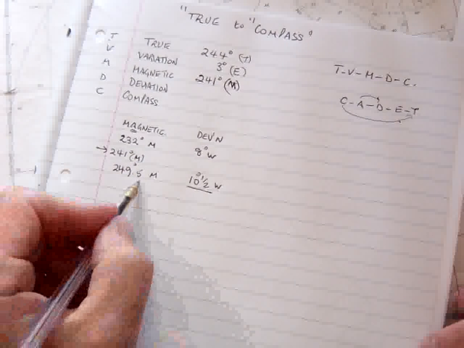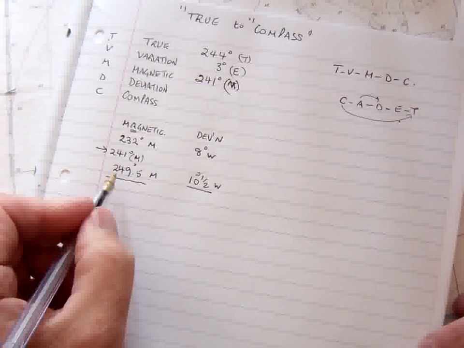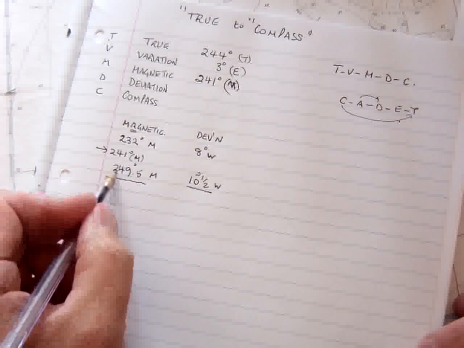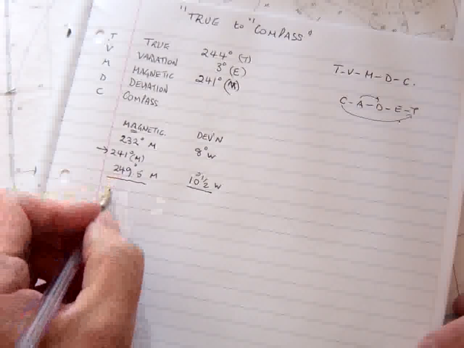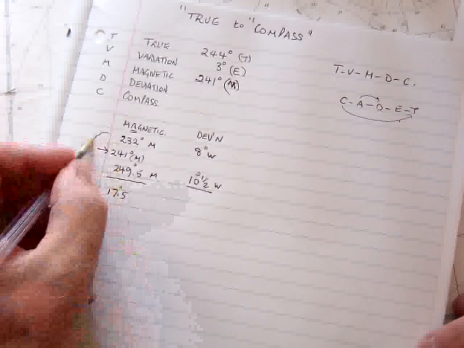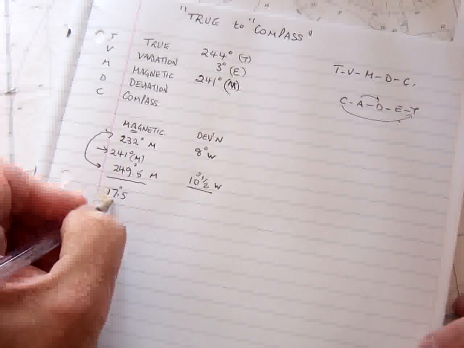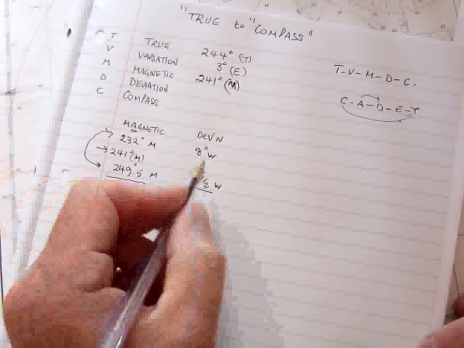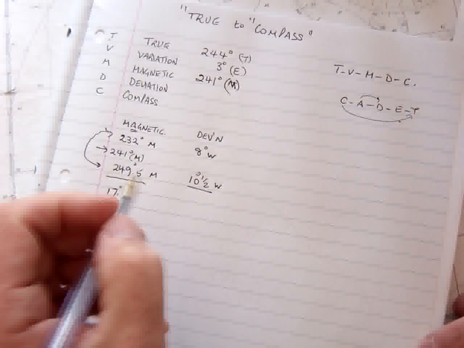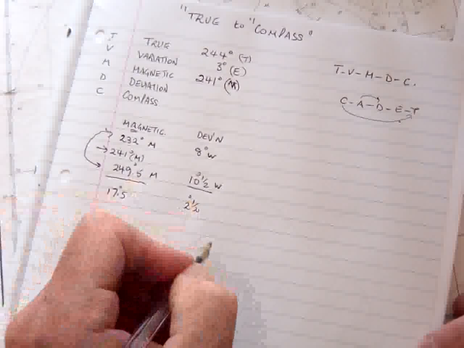So let's see how we calculate the value. The difference between 232 and 249.5 is 17.5 degrees. The difference between 8 degrees west and 10.5 degrees west is 2.5 degrees.